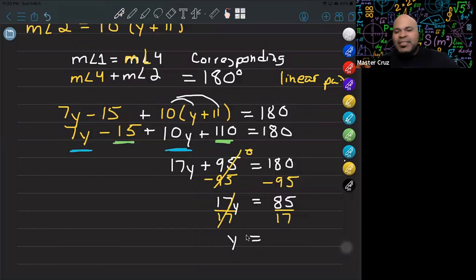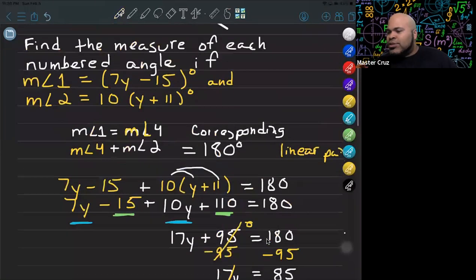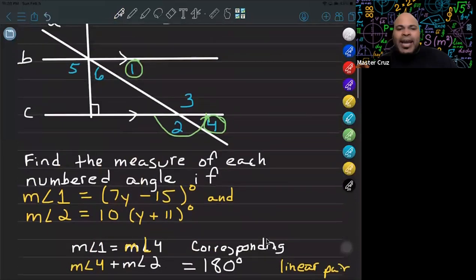85 divided by 17 is 5. So y equals 5. Now, we're not done. This is not the answer to our problem. We just found out that y is 5. Going back to the question, it says find the measurement of each angle.